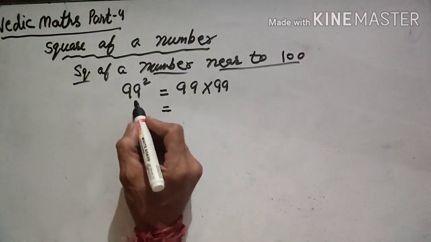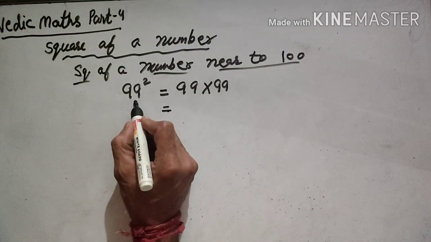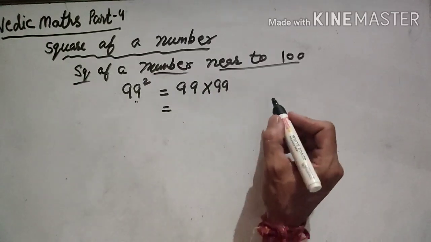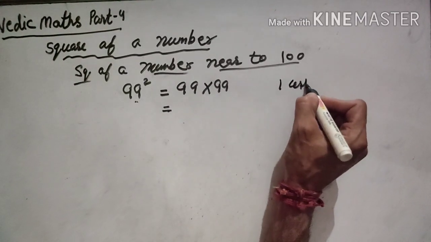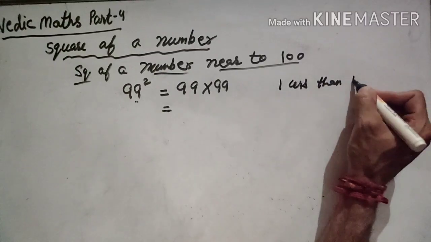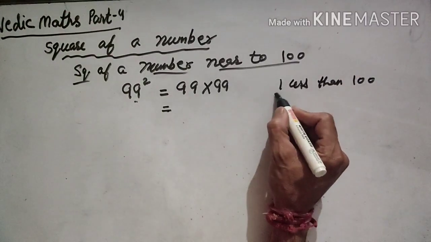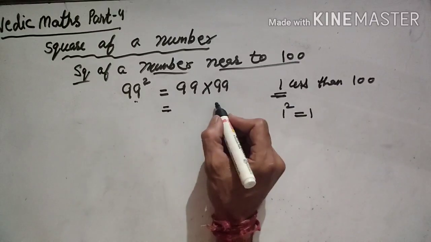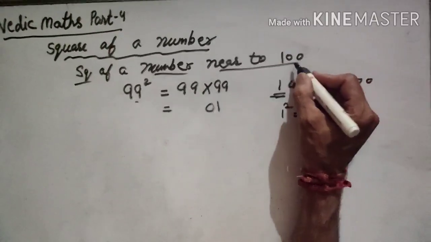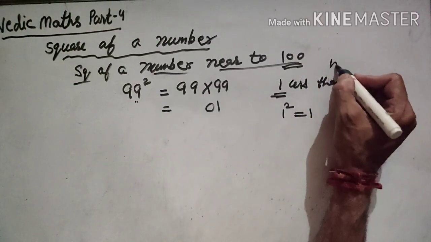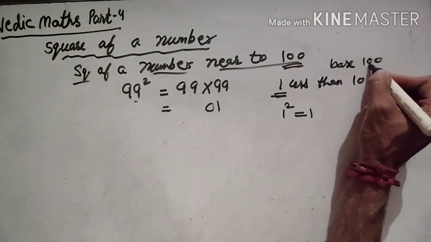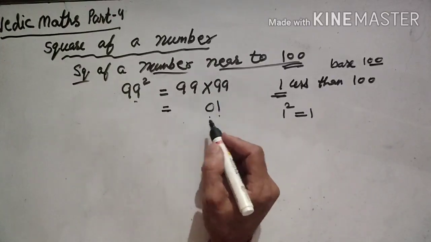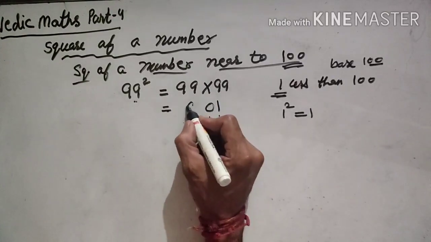Now, for 99, first we have to see how much less than 100. 99 is 1 less than 100. First we have to square this digit. Square of 1 is 1, so we put 01 because base is 100, two zeros. Now 01. Now subtract this 1 from 99, that is 9801.